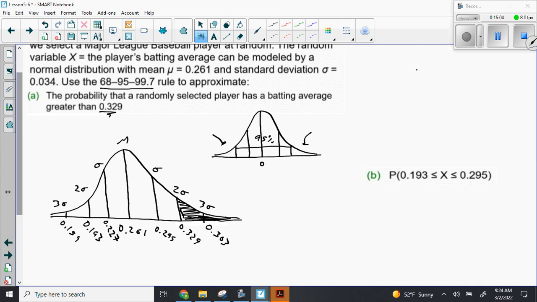We said that the area under the curve has to be equal to 1. So if that's true, then this must be 0.025, and this one must be 0.025.